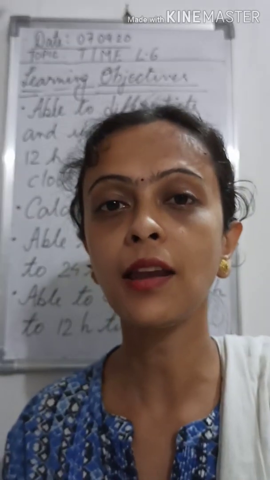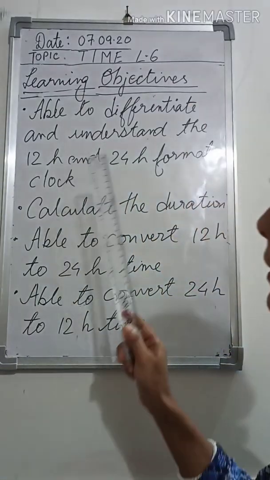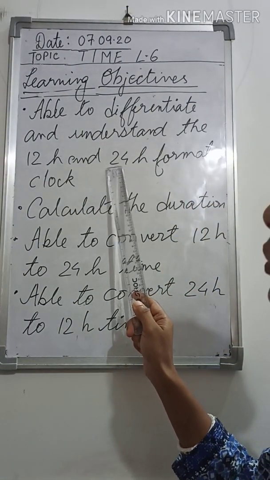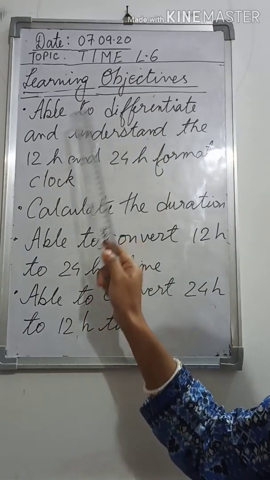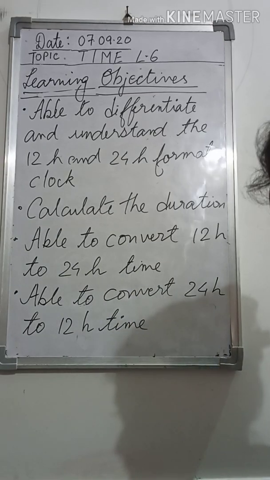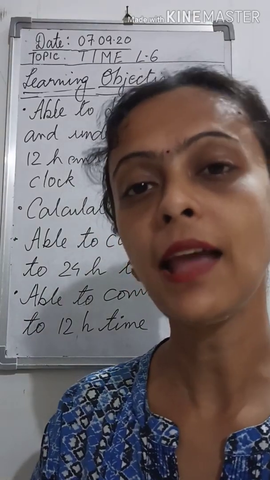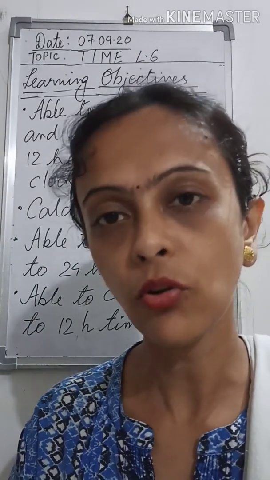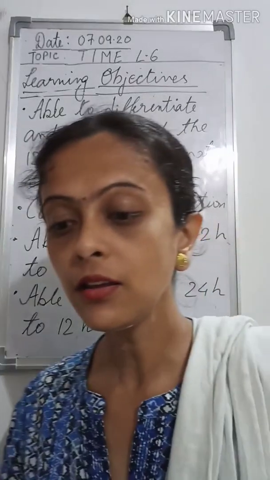The first 2 digits stand for the hour part, the last 2 digits stand for the minute part, and we also write H in the 24-hour format. So this is the way to write and read out the timings. And how to calculate the duration? We calculate it by subtracting the start time from the end time. With this I proceed with the topic now.